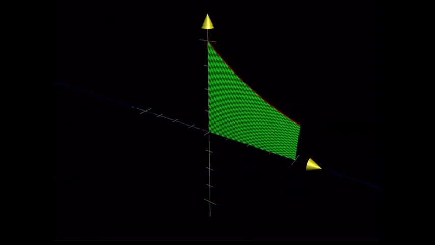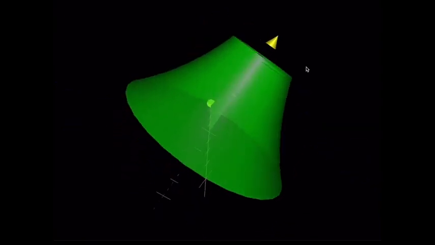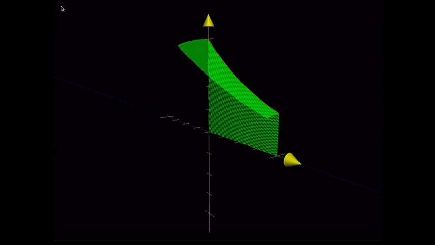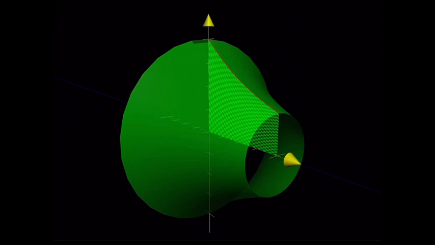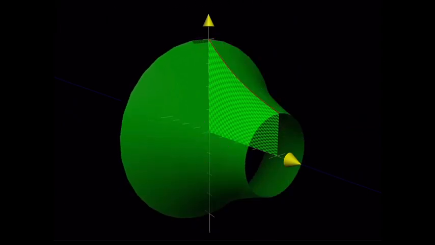Well, this solid would look something like this. We have what looks oddly like a lampshade. So if we rotate that 2-dimensional region around the x-axis, we get this solid of revolution, and now we have an integral expression that will allow us to determine the volume of this solid.